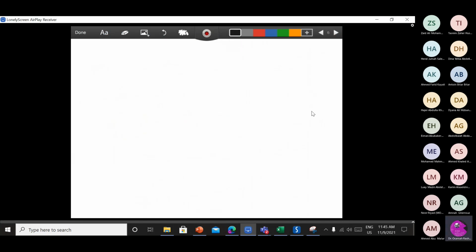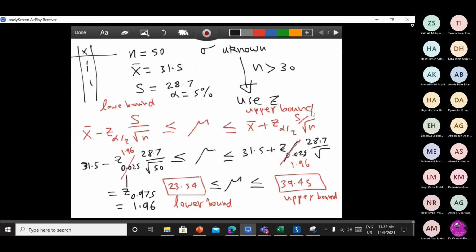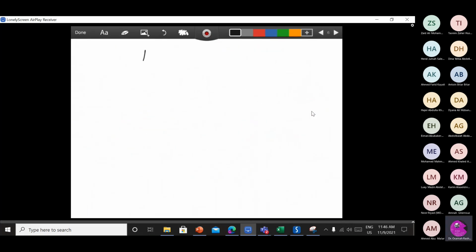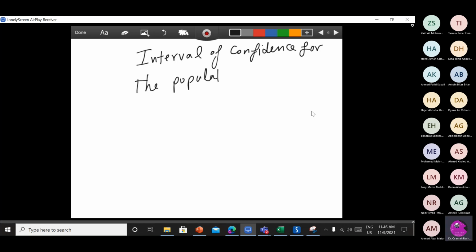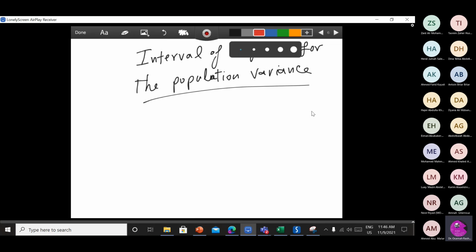Go for the confidence interval for the population variance. As simple as that. Do you remember we use what? Yes, you use the chi-square.